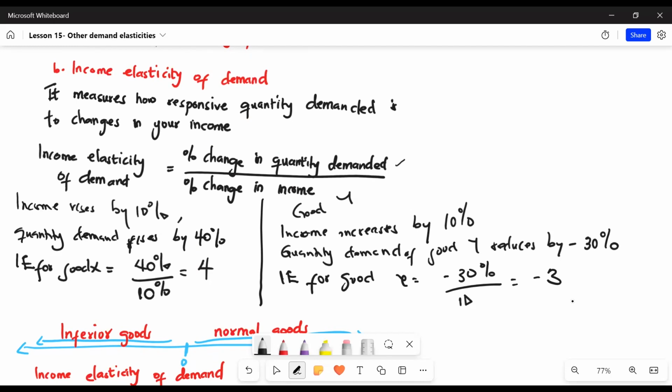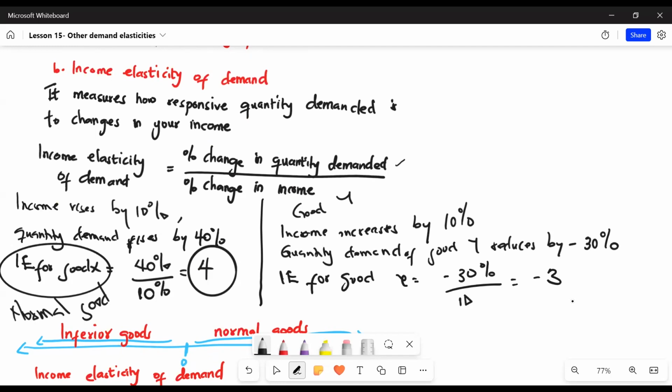So in this example, good X is a normal good. Now we've talked extensively about what normal and inferior goods are in our previous lessons, but just a recap: normal goods are goods for which your demand increases when your income increases. So in this case, there's a positive relationship between your income and the demand for the good. That's why our income elasticity is positive.